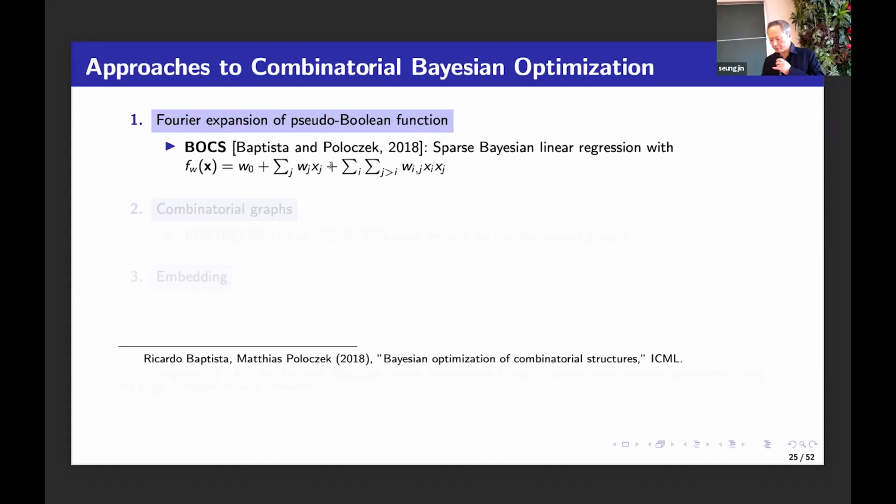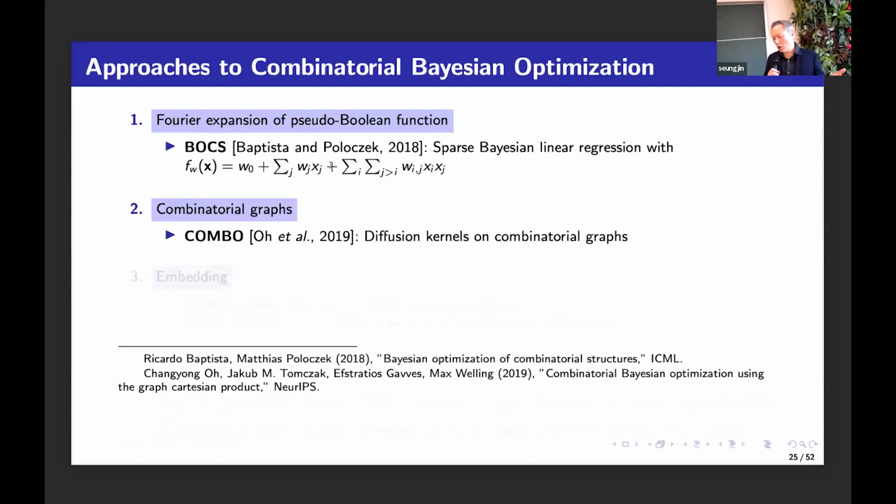Also, in order to use diffusion kernels on a graph, some approaches construct a combinatorial graph in the case of categorical variables, and then construct the diffusion kernels. That is well known.